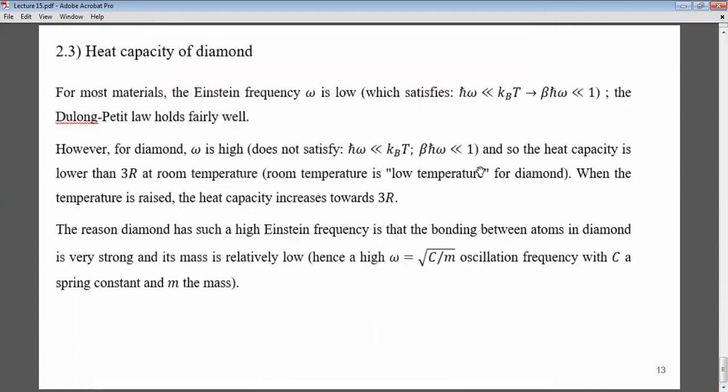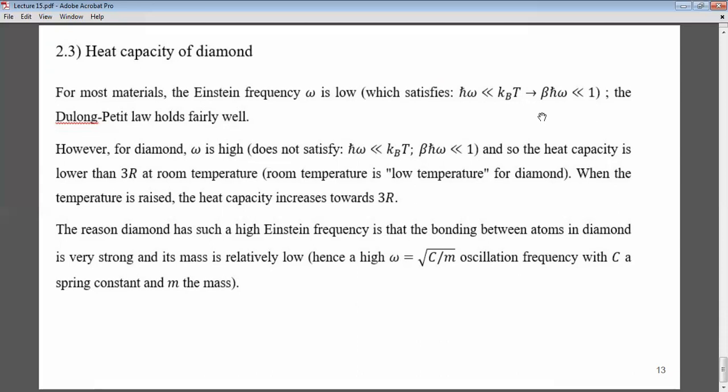Now, the heat capacity of diamond. For most materials, the Einstein frequency is low, which satisfies that beta h bar omega is much, much less than 1. Thus, the Dulong-Petit law holds fairly well. So the Dulong-Petit law holds, and the Einstein model holds at high temperatures, where we found that it is constant.